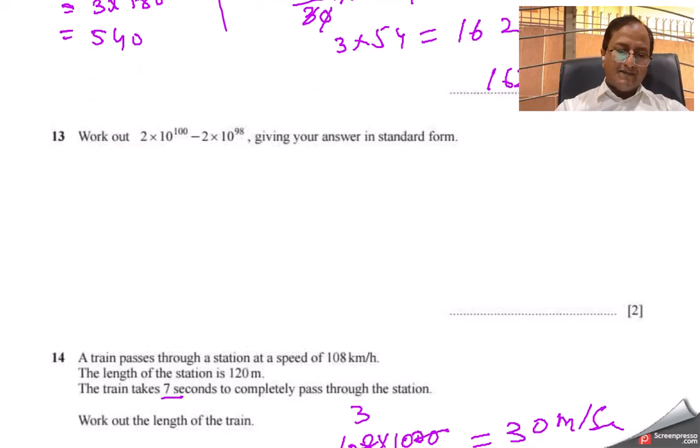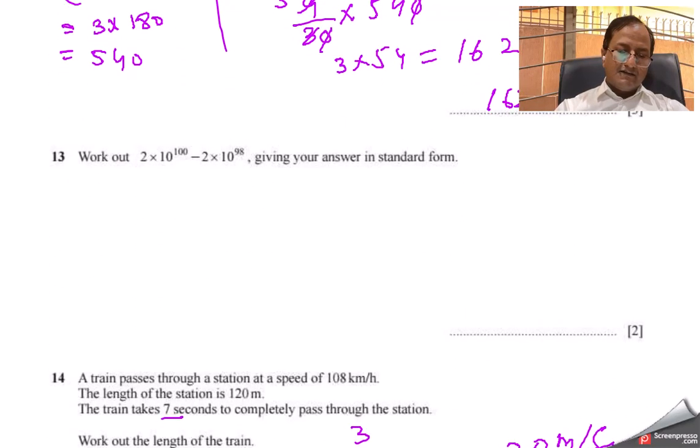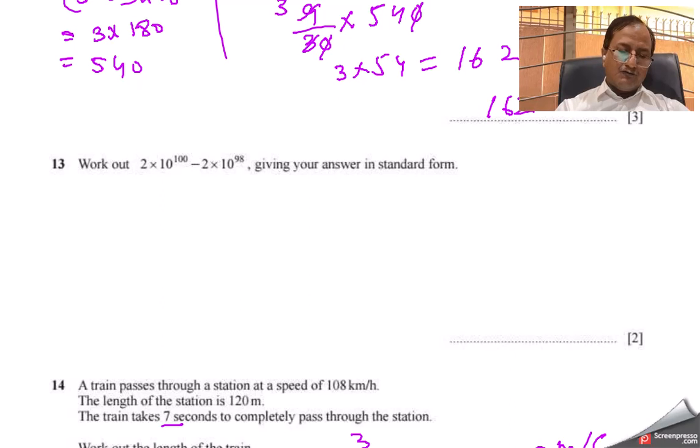After that we have the question: 200 times 10 to the power 100 minus 2 times 10 to the power 100 minus 2 times 10 to the power 98. We can easily solve it. If I take the common factor 2 times 10 to the power 98, inside the bracket we have 2 times 10 to the power 2, and then minus 1.